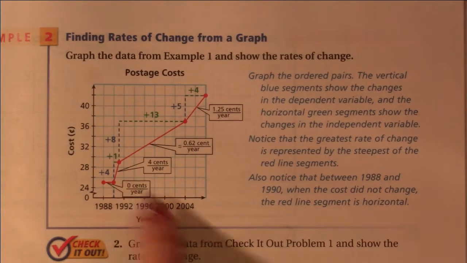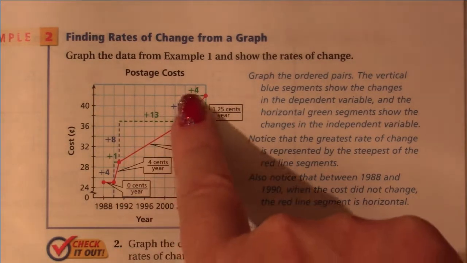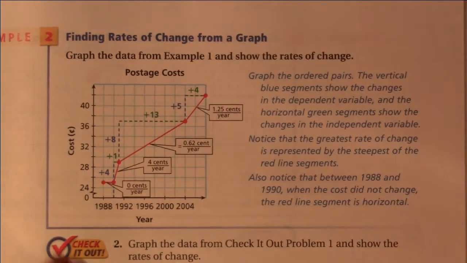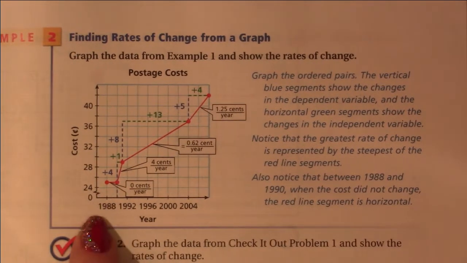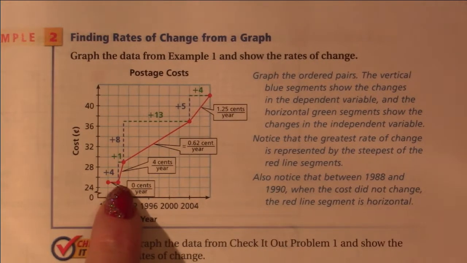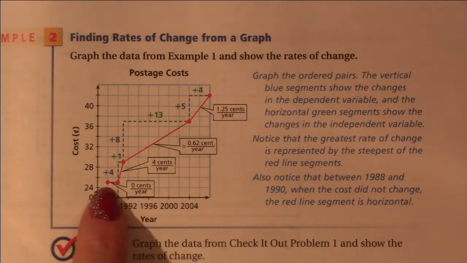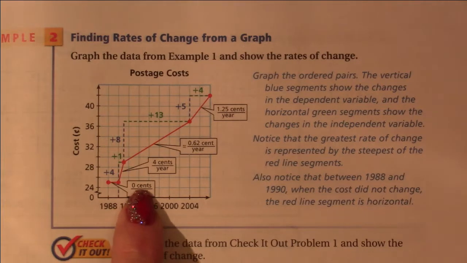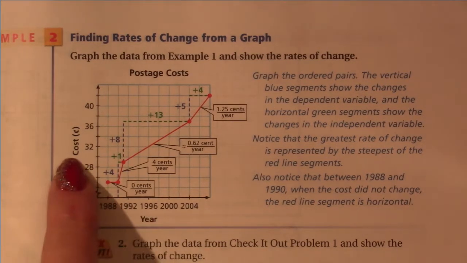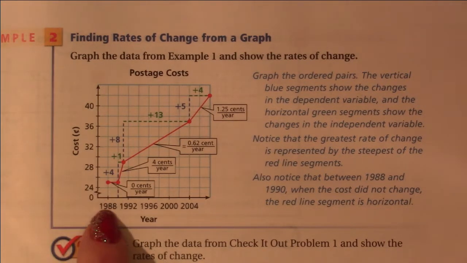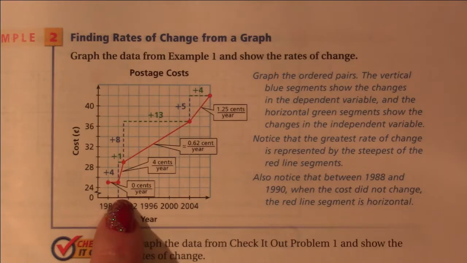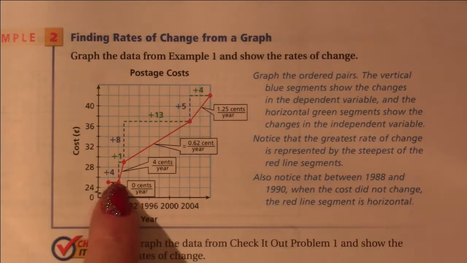It's difficult to tell, though they do happen to give you all of the numbers that you need. They're doing the subtraction for you. So here, from this dot to this dot, you can see that it's a completely horizontal line. 0 cents have changed. The cost has not changed at all, though 2 years have passed. So it's going to be 0 cents per year.